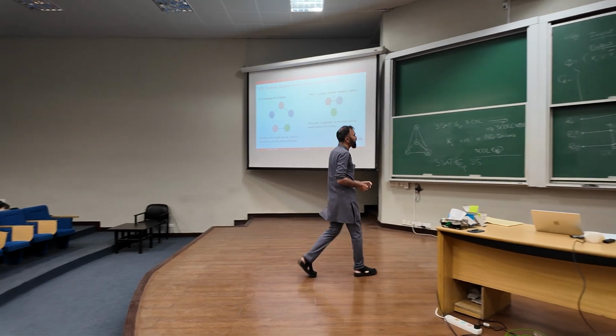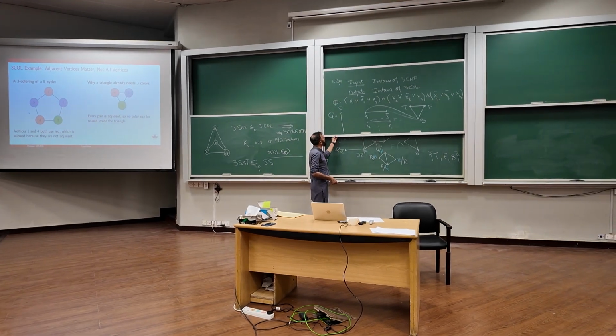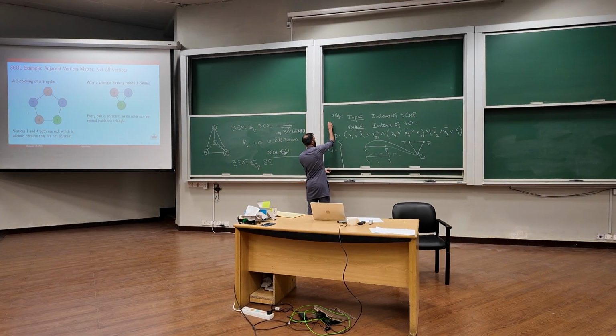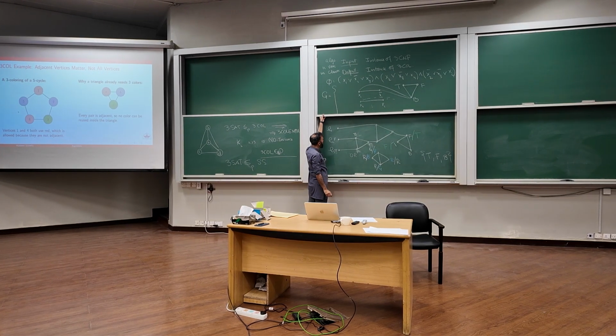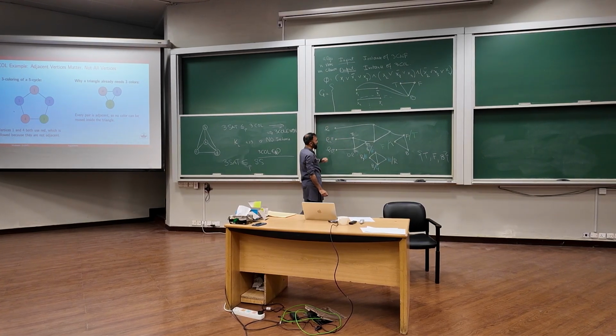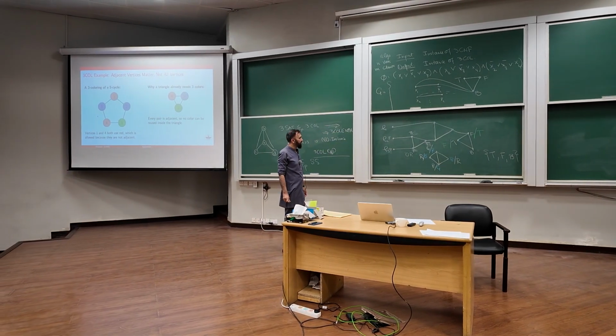So if the original formula has n variables and m clauses, can someone tell me what's the number of nodes and edges in this graph? Quick math.